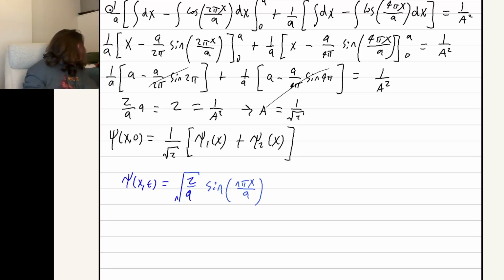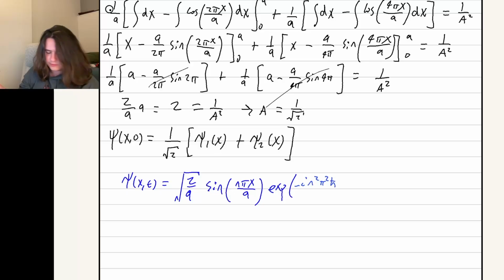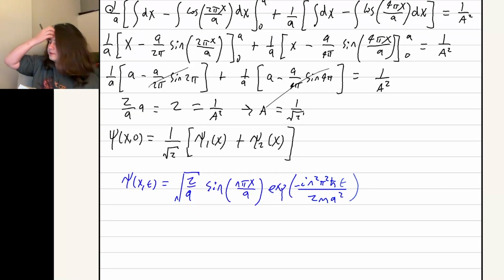And then I had the formula right here, I swear. It involves an exponent minus i n squared pi squared h bar over 2ma squared with t up here. That's how to get the time dependence in.